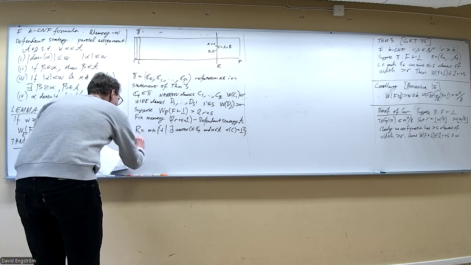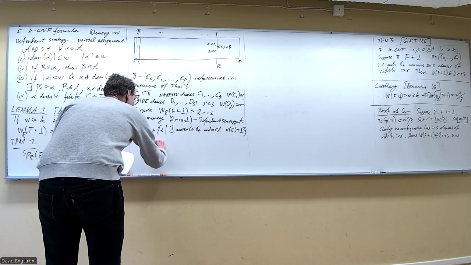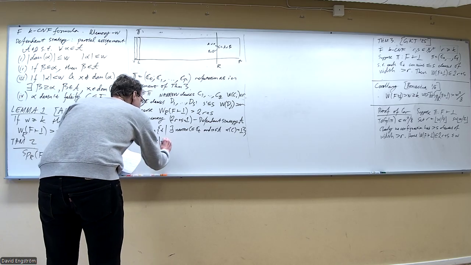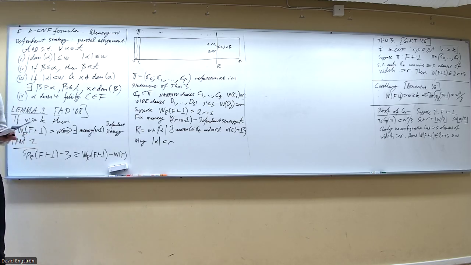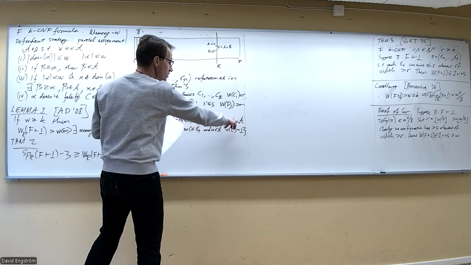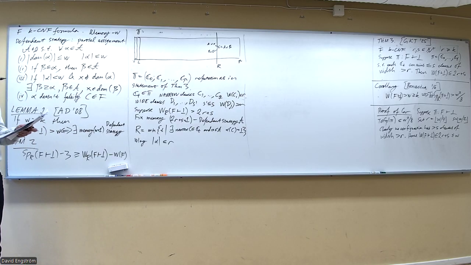And now, without loss of generality, let me pick this alpha of size at most R. Because, well, it's a narrow clause, it has width at most R. Yes?